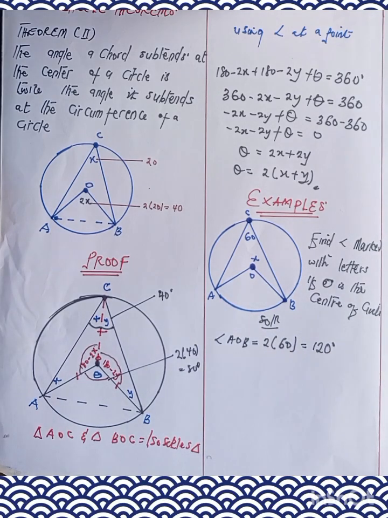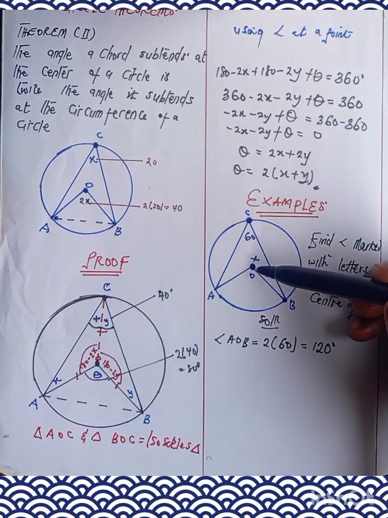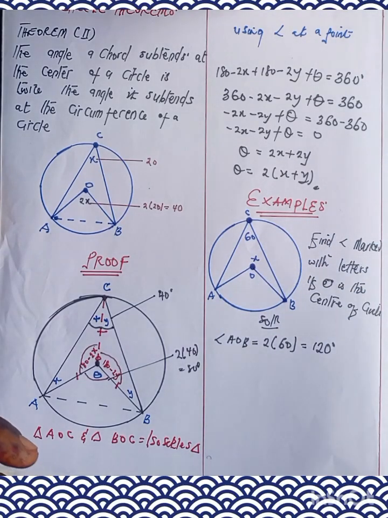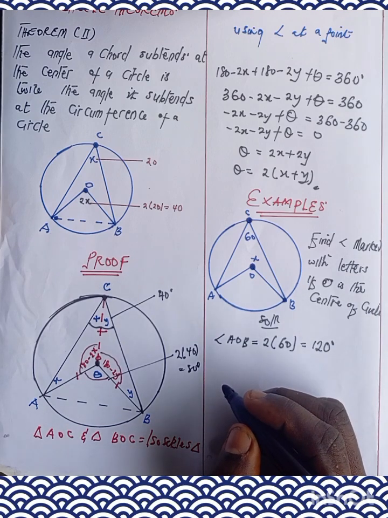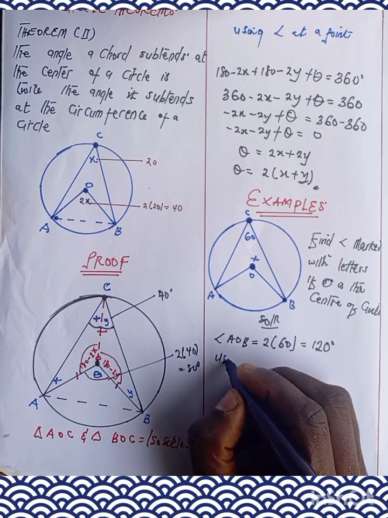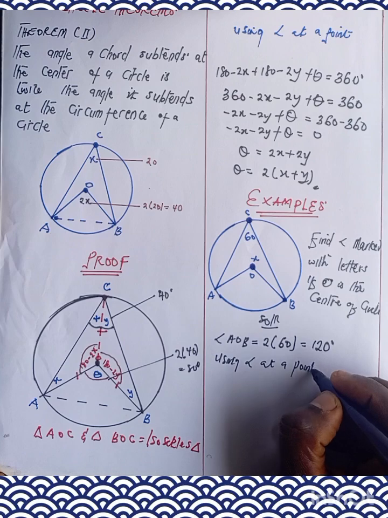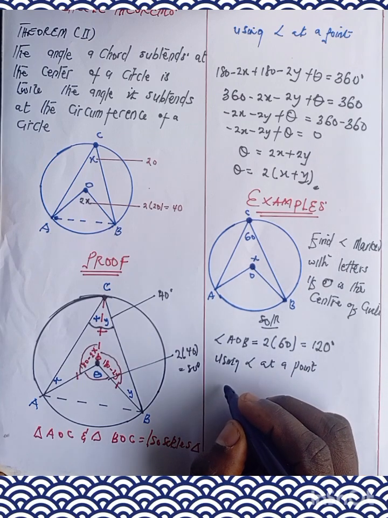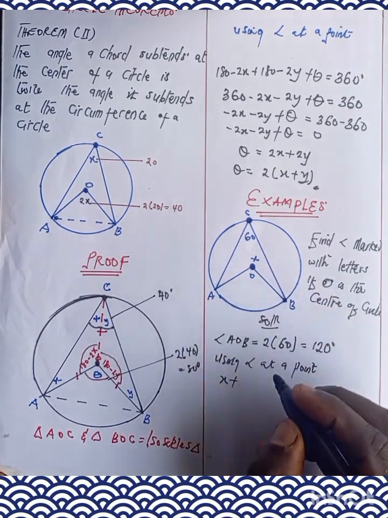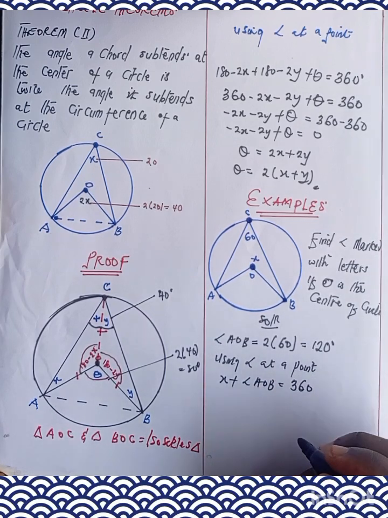And that is giving us 120 degrees. Now the next part says we have to find x. Okay, so in finding x, now we know this angle to be 120. We can apply angle at a point, so that x plus this very angle should give us 360. So using angle at a point, you can say that x plus angle AOB is equal to 360.